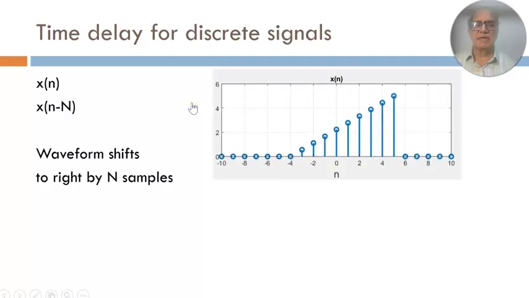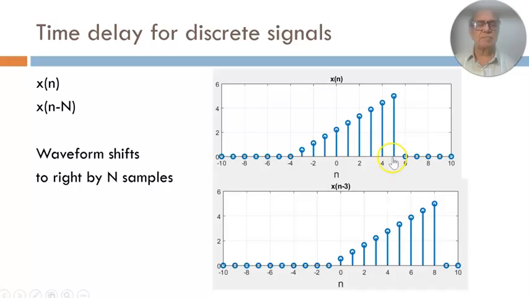So let us see an example of this. Suppose our x[n] is like this. It remains 0 right from -10 up to -4. Thereafter it increases linearly, and then from 6 to 10 again it is 0. If we delay this waveform, then each point on the waveform will shift to the right. Look at this point here. When n is equal to 5, you get the highest amplitude.